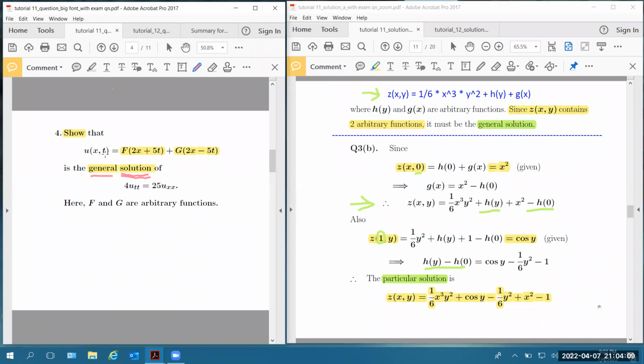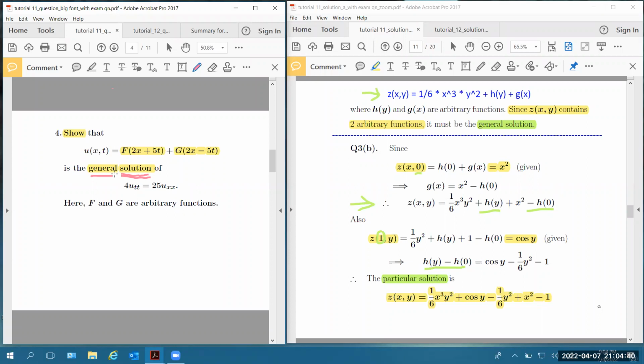So that means if you solve this, you will get this kind of u(x,t). In other words, this is a solution of this equation, meaning that when you substitute this u(x,t) inside your equation, your left hand side must be equal to right hand side. Make sense to you?